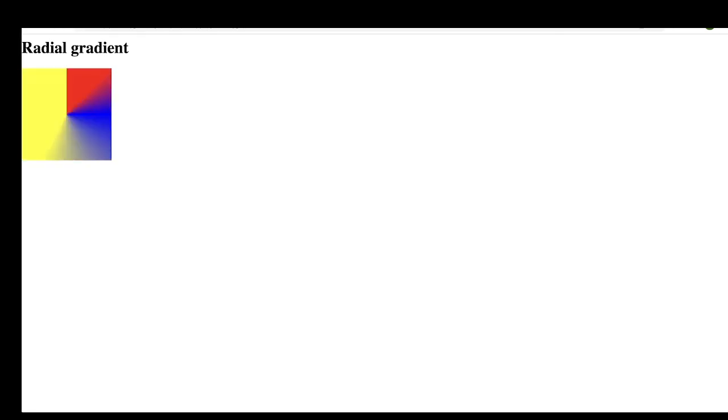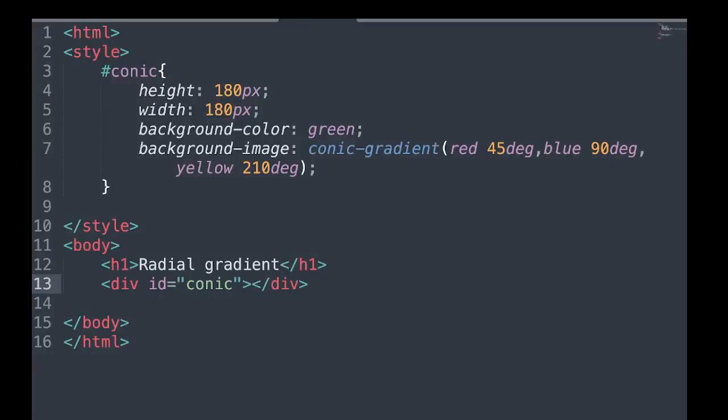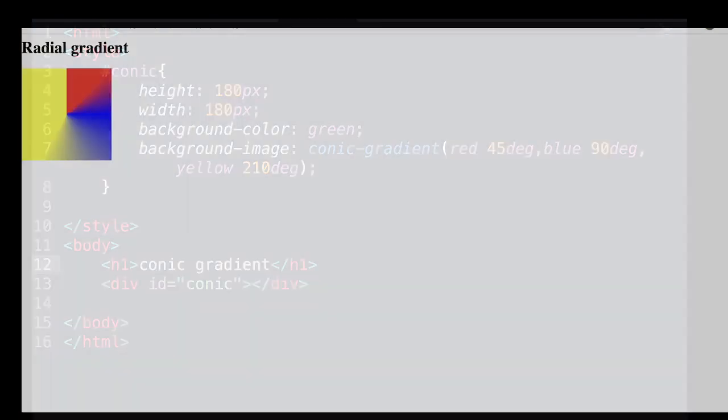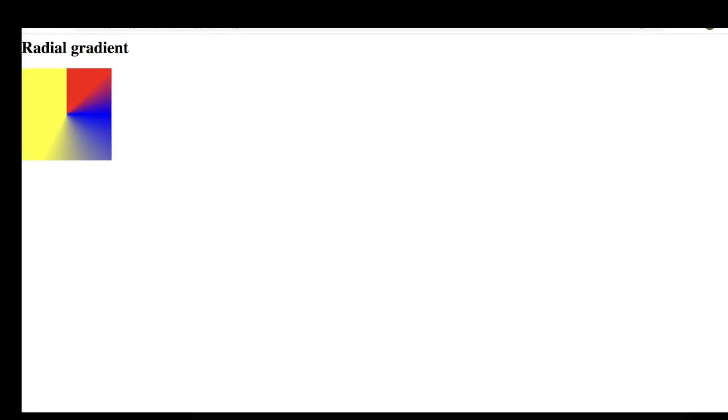This shows the Conic Gradient. In this code we don't change this radial, so we can change this also and save this file and see the result on the browser window. This shows Conic Gradient.